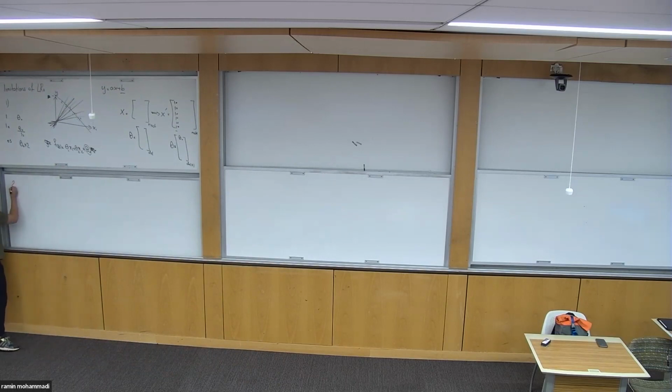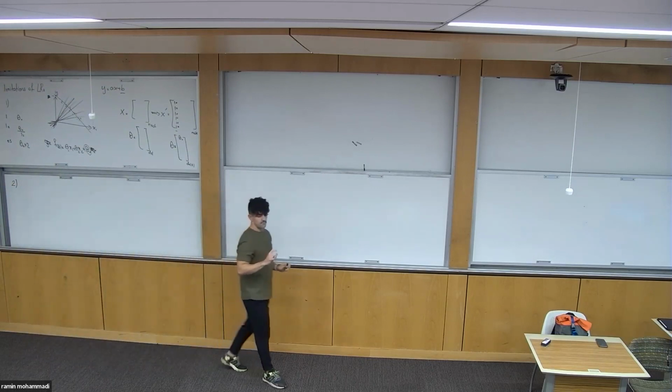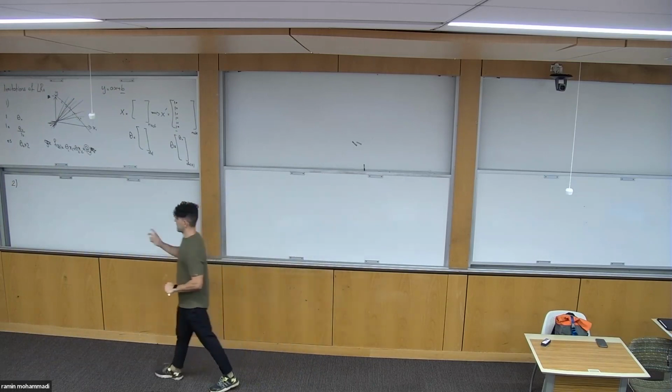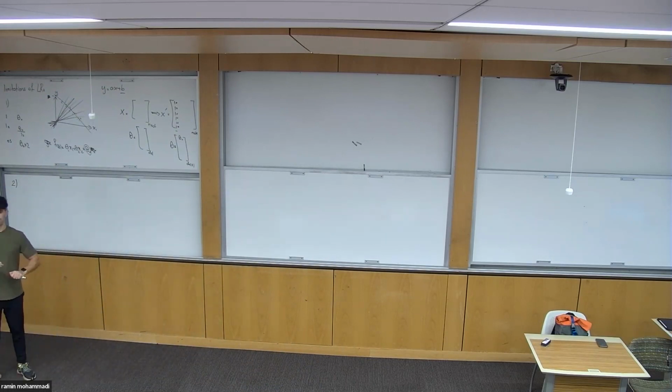Now, go to the second limitation. The second limitation of linear regression is that the thetas, or the features that you have, are linear with respect to your model, right? Which means, for example, I'm predicting the price of a house.